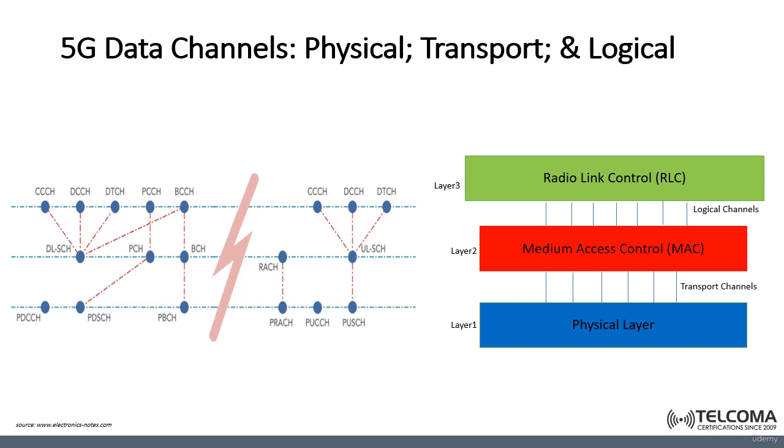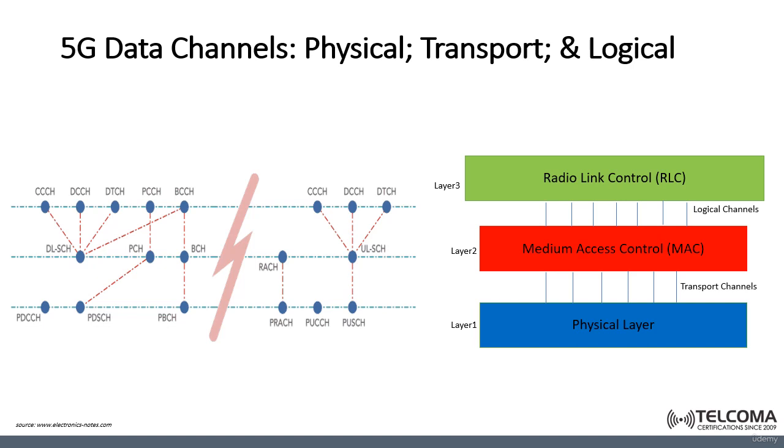And the last channel of the logical channels we have is the DTCH, dedicated traffic channel, and this one is also existing in both uplink and downlink, and it is dedicated to one user equipment and used for carrying the user information to and from a specific user equipment and the network.